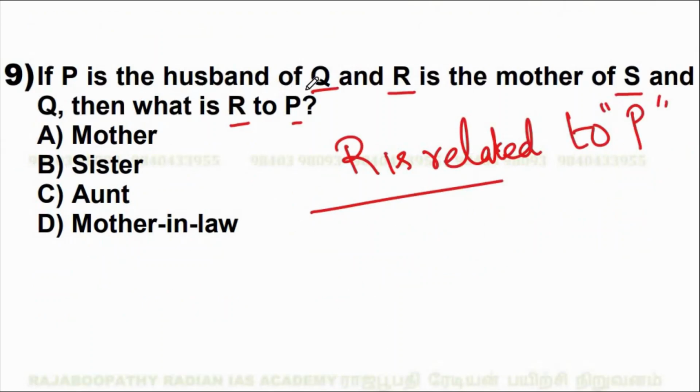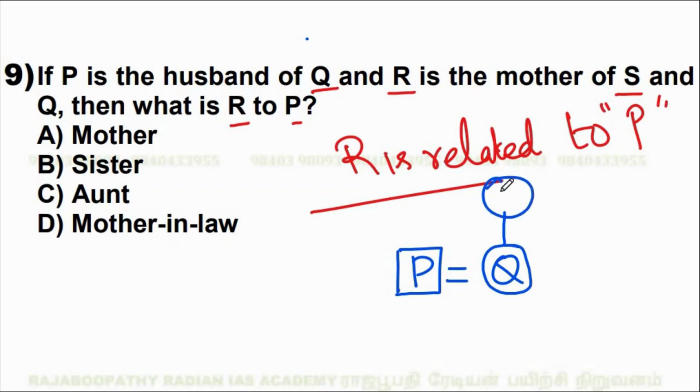P is the husband of Q. So therefore, I can say P equal to Q. So when I say round means female, square means male. So P is the husband of Q, equal to means they are husband and wife. R is the mother of S and Q. So this is R. R is the mother, therefore I put round.